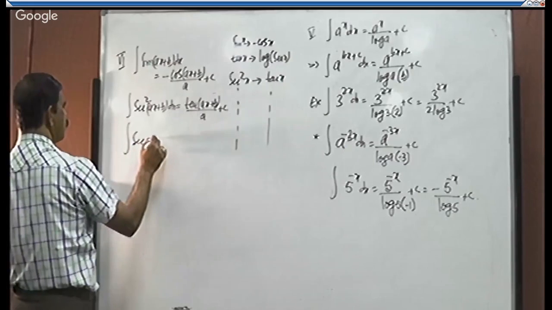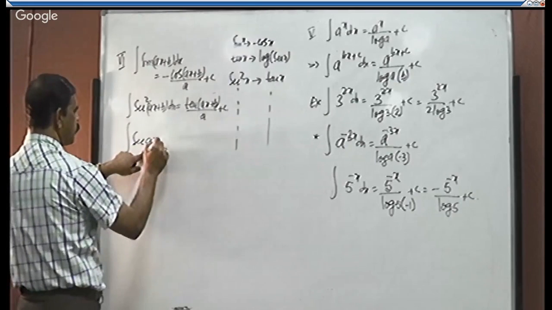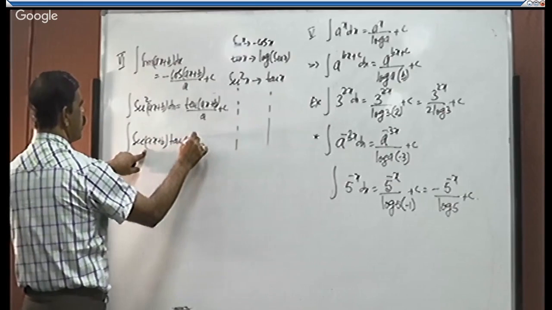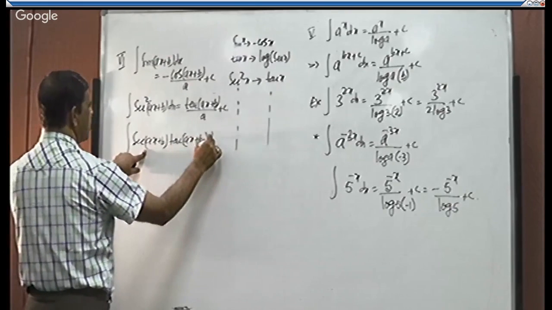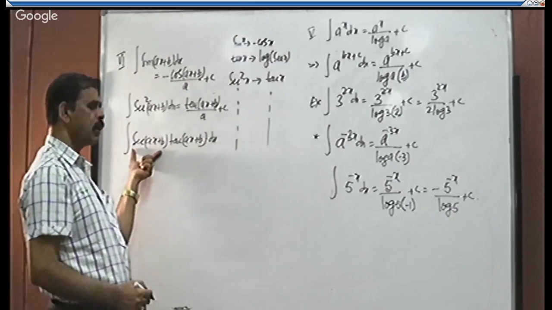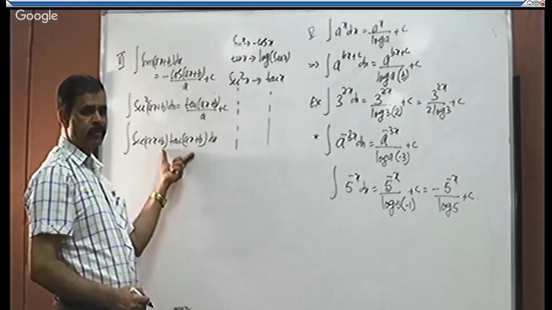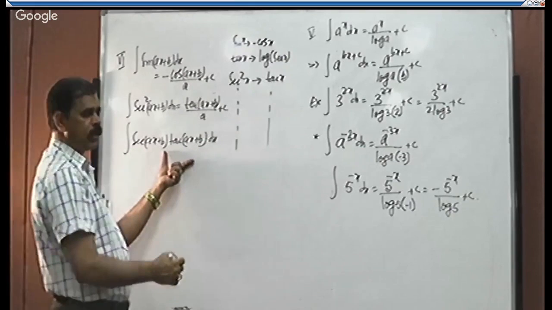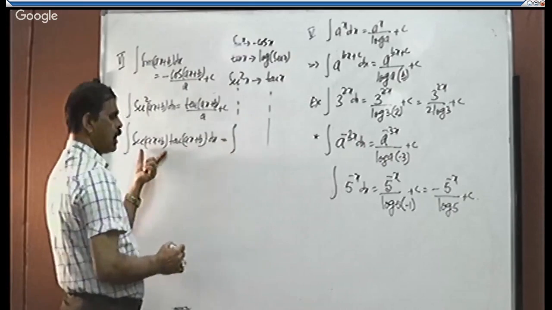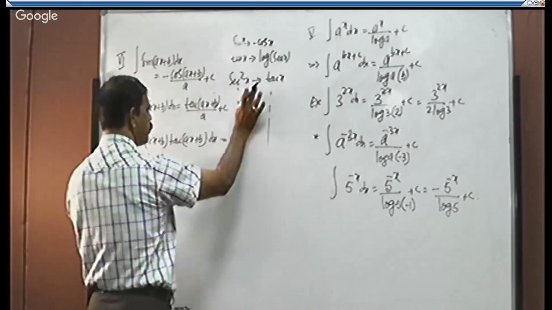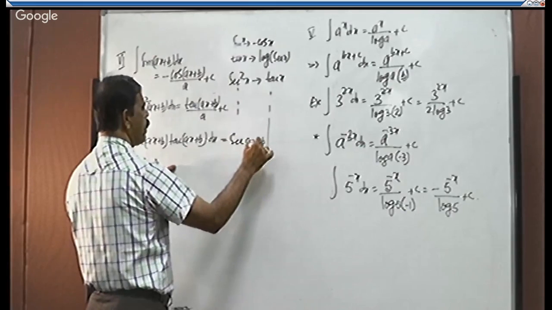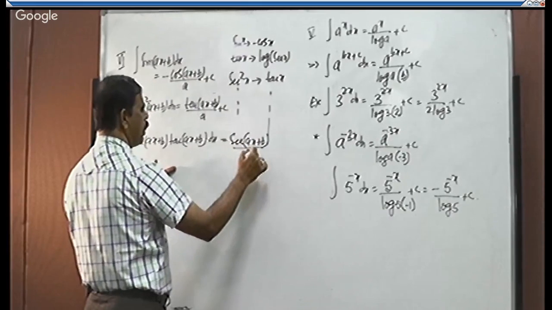Sometime if it is secant ax plus b into tan ax plus b into dx, it is of what form? Secant x into tan x. Secant x into tan x is what? Secant x only. But here we have in place of x, ax plus b. Therefore, the answer is equal to what? Secant ax plus b divided by a plus c.